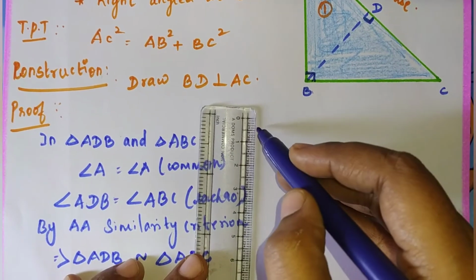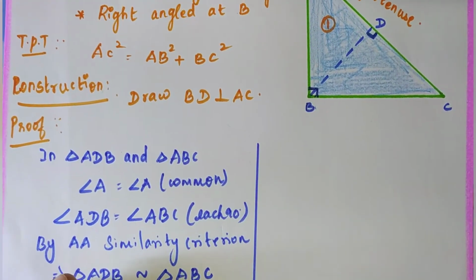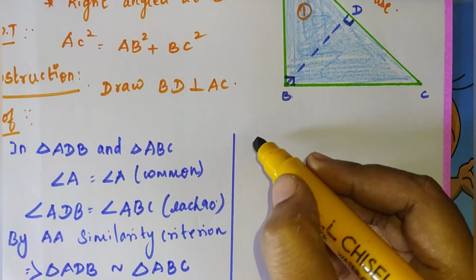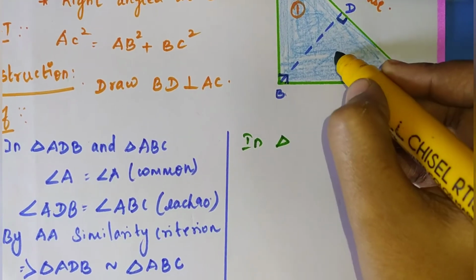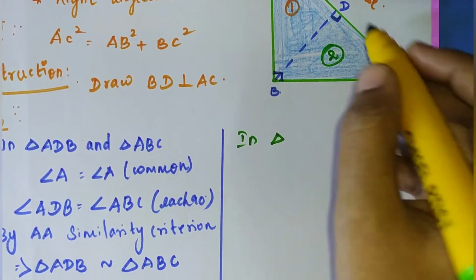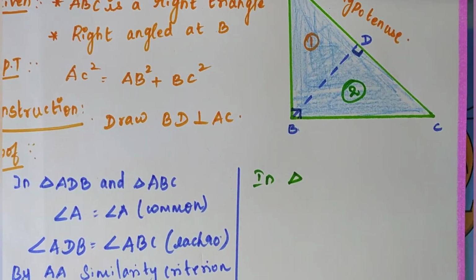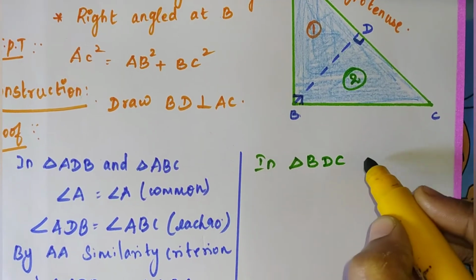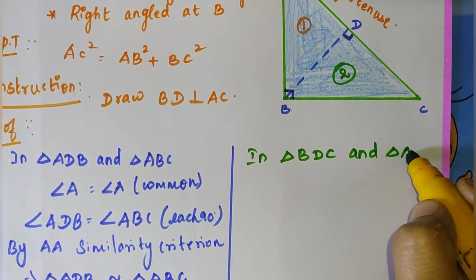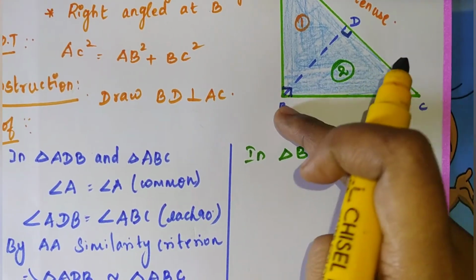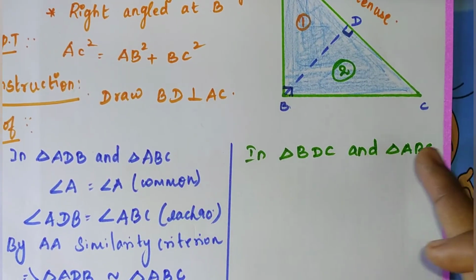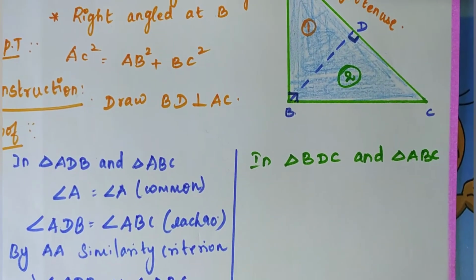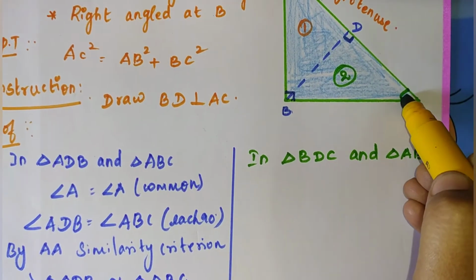And I'm going to take another portion, the second triangle, BDC, and the whole triangle ABC. First triangle BDC, this triangle, and the whole triangle. In that also angle B and angle D make 90 degrees, and C is common.